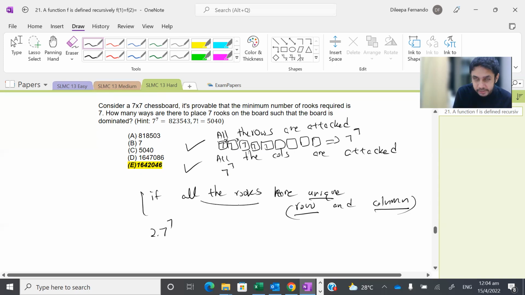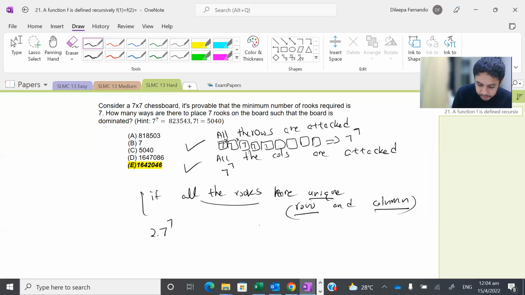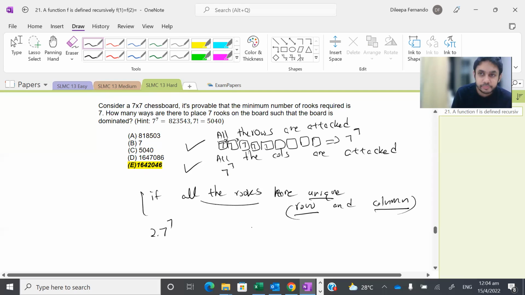The number of ways for this configuration can be calculated as follows. Just consider a row. There are seven different columns the first one can take, but since the columns are unique, for the second row, the rook can be placed in only 6 places because an already used column cannot be used.